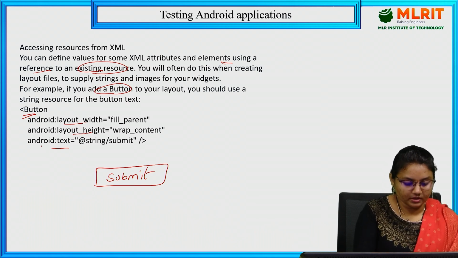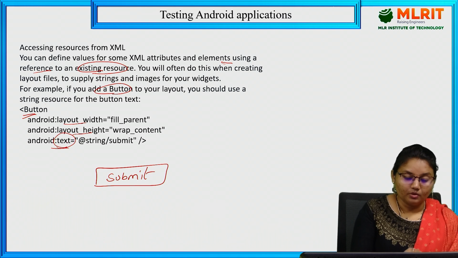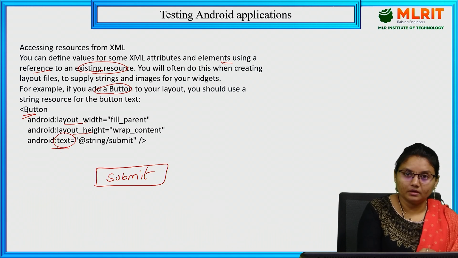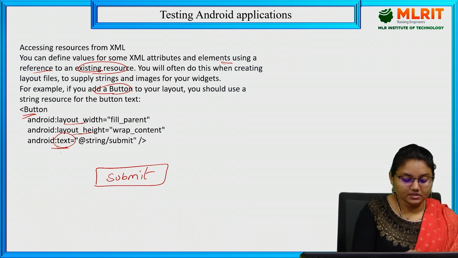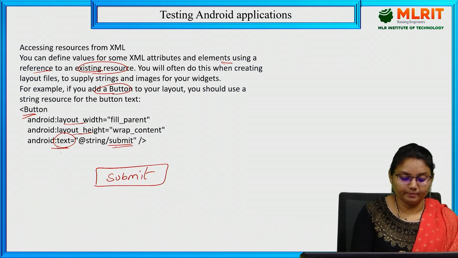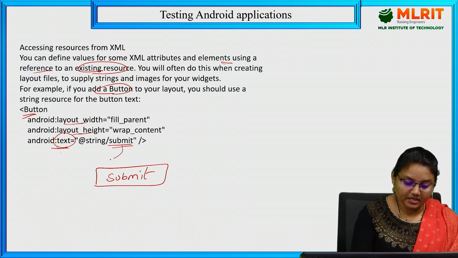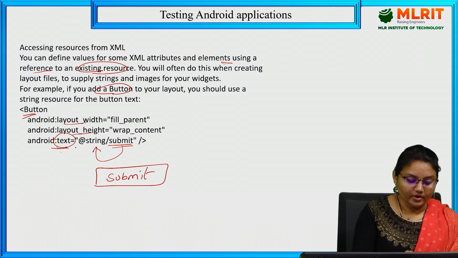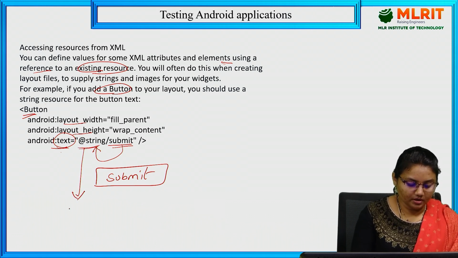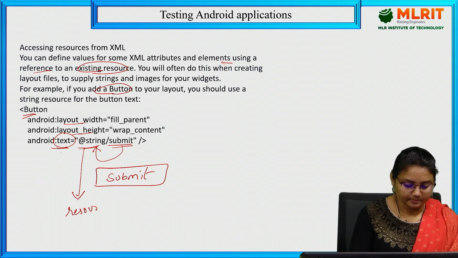So what we are doing: android:text. What is this text? The text that needs to be displayed on the button. Now what is this? Submit. What is this submit? Submit is of type what? String. Now @string is giving you the resource type.